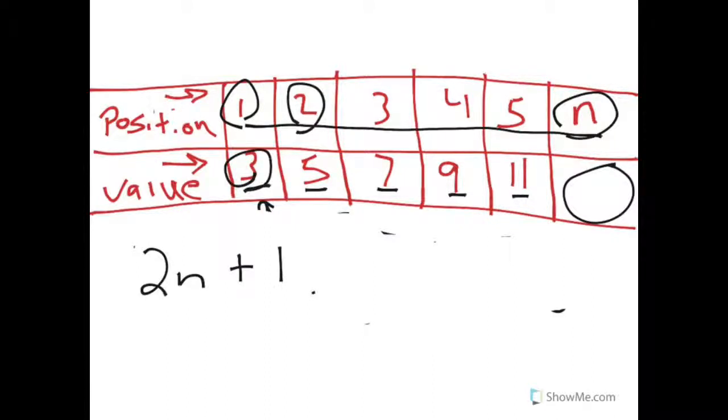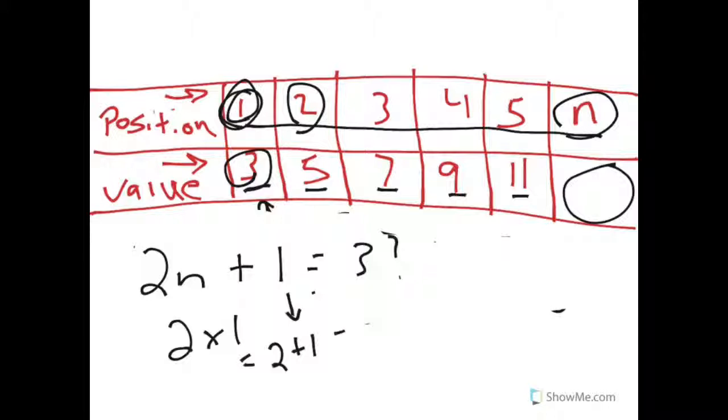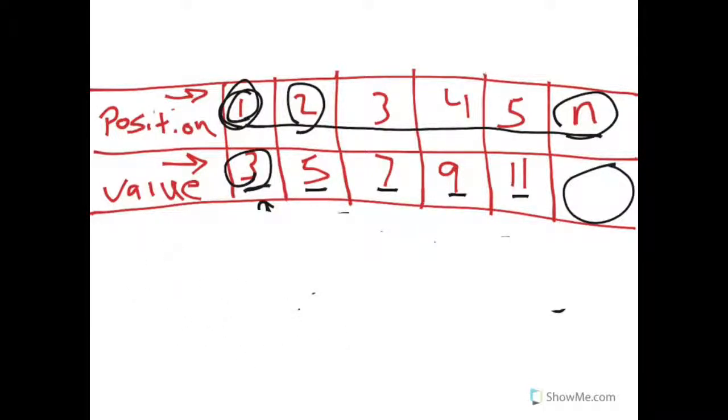Now if I substitute in 1, will that give us 3? Let's find out. 2 times 1 equals 2, plus 1 equals 3. Okay, so 2n plus 1 does work, but when we tried our last number, it also worked one time. Let's see if it keeps working. 2n plus 1.